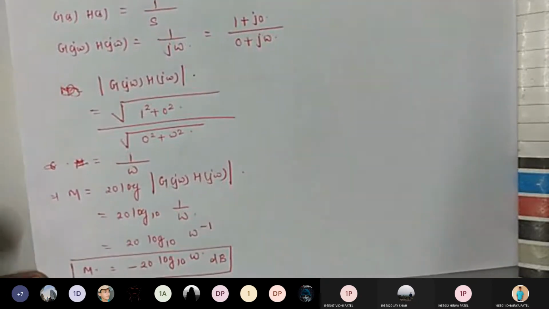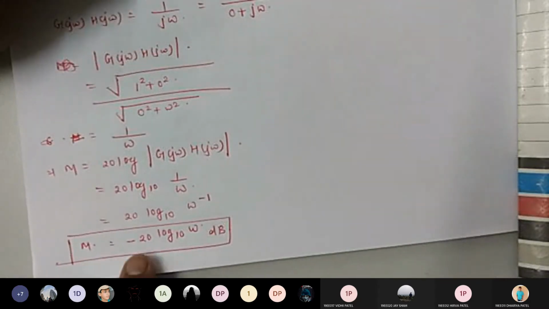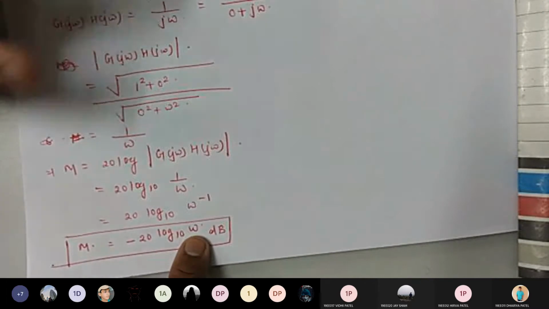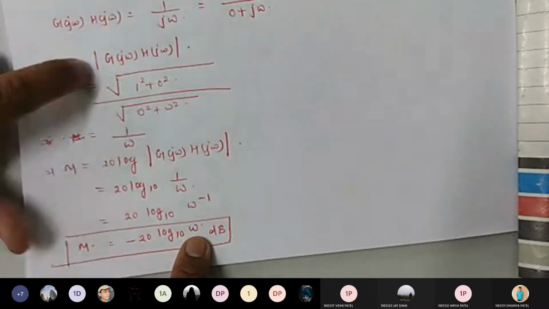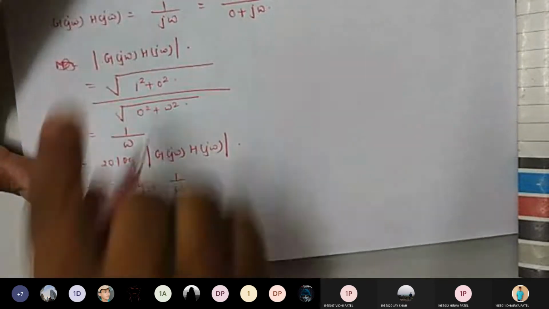The contribution made by the pole at origin is equal to minus 20 log 10 omega dB. This is for the magnitude. Understood?